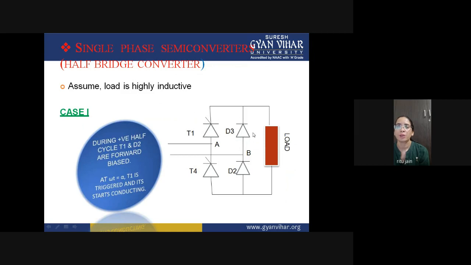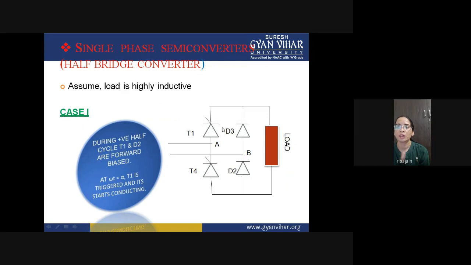So the diode will be in reverse biasing, and the current will not flow through it in this circuit. And this is your diode D2, which is in forward biasing because the cathode is negative with respect to the anode.